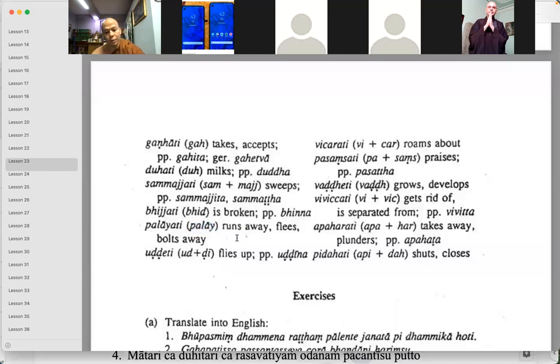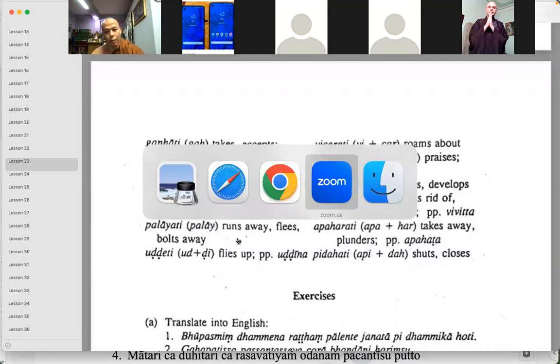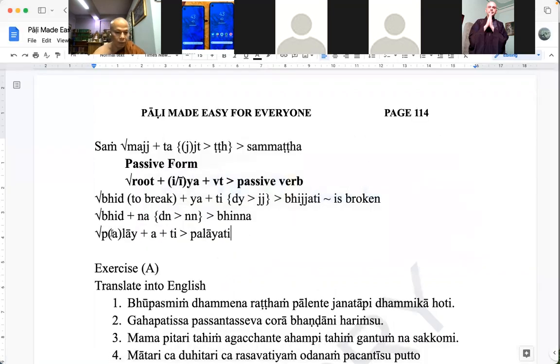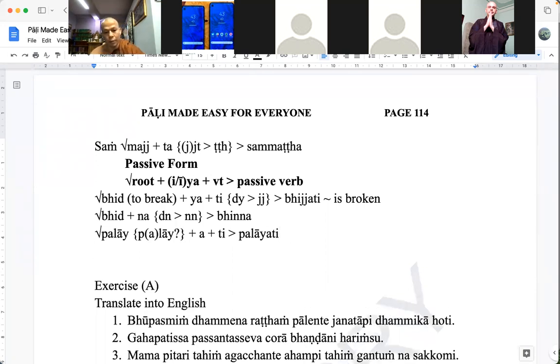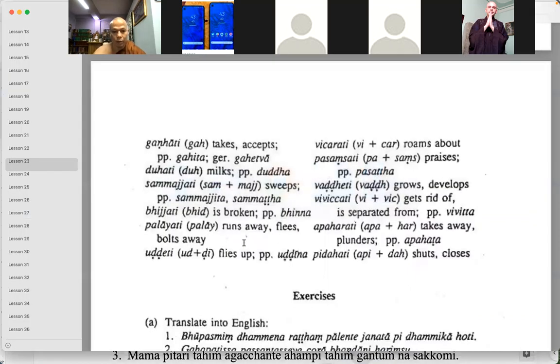Okay, so that is the possible one I suggest. Palaya maybe. And then for the gerund form of the past participle from that one, palayita is not included here.